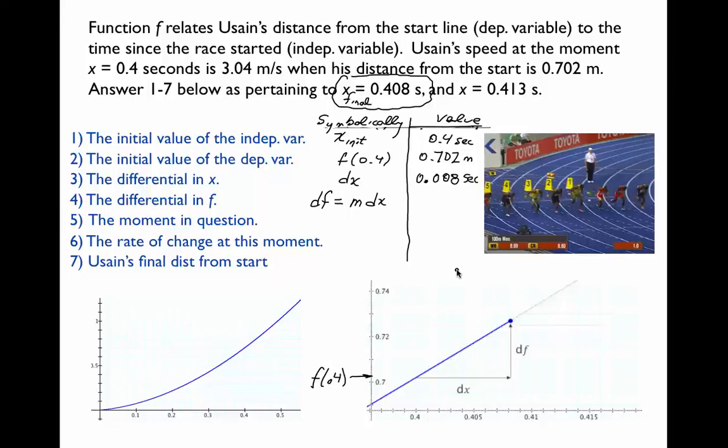We have constant rate of change. You want the change in the dependent variable. We have the change in the independent. We know that given any change in the independent, the change in the dependent is m times as much, right? M times as much. So we can do our 3.04 times what? Times the change in x.